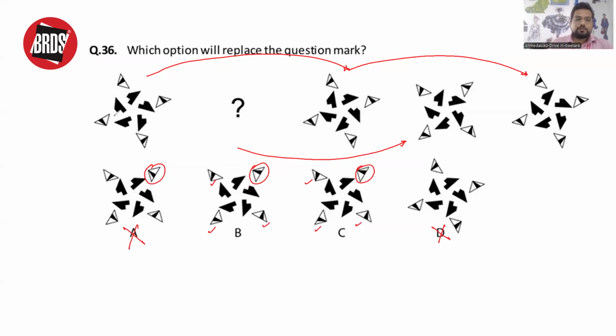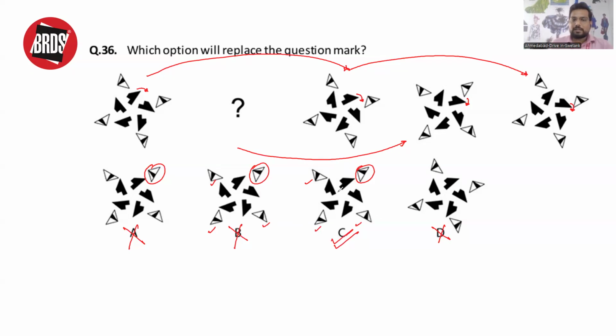Now if I focus on these five figures given in the center, they are slightly rotated in the clockwise direction. If we follow that, we can easily get this. B's shape is identical to A. The orientation of B and A looks identical. So B would be wrong, and the correct answer would be option C.